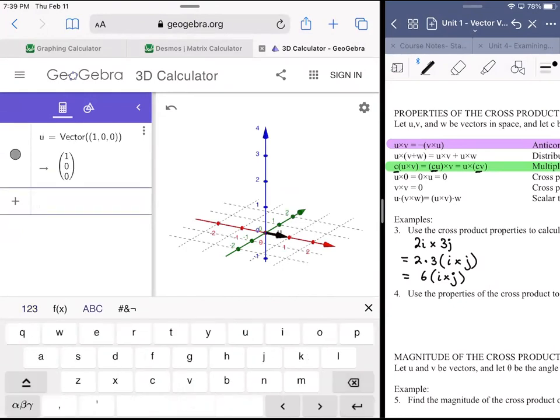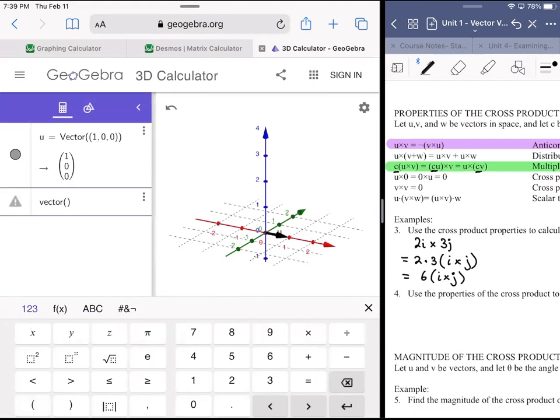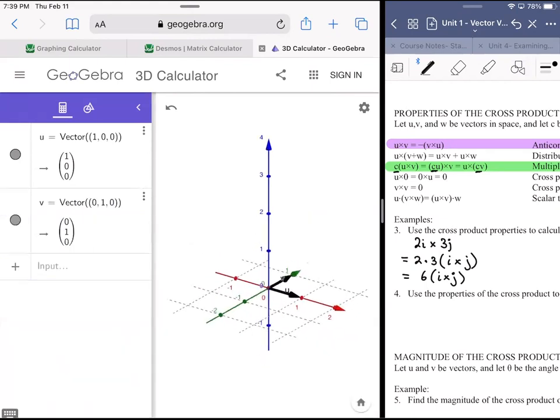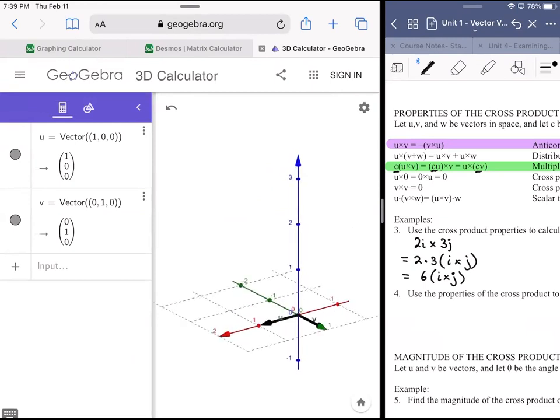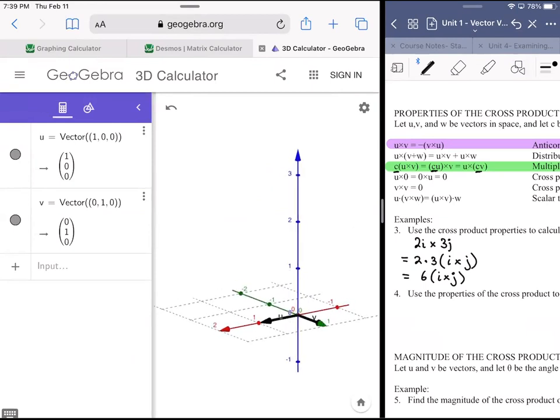And then vector, my j, 0, 1, 0. All right, so you could see here that they're on the x and y axis and that the cross product ought to be on the z axis in some capacity.